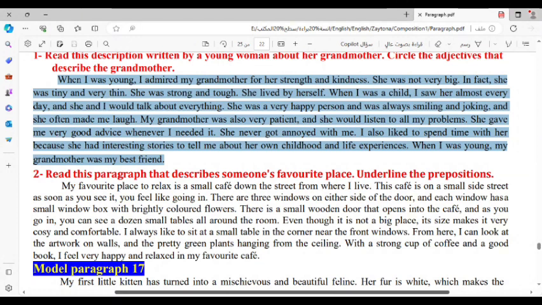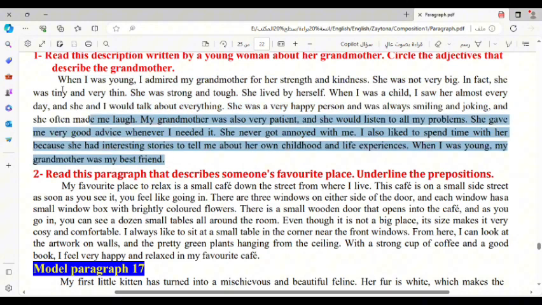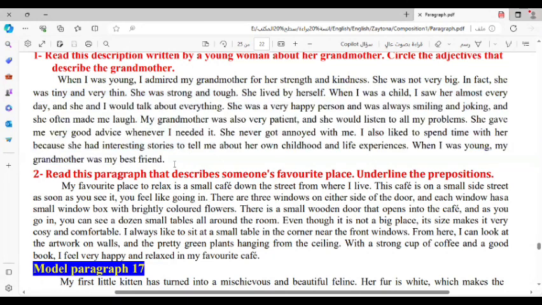Okay, thank you so much. Yes, I have a question for you. As I told you, in the descriptive paragraph we need to use adjectives in order to describe somebody or some place. And maybe we need prepositions in order to describe some place or some city.